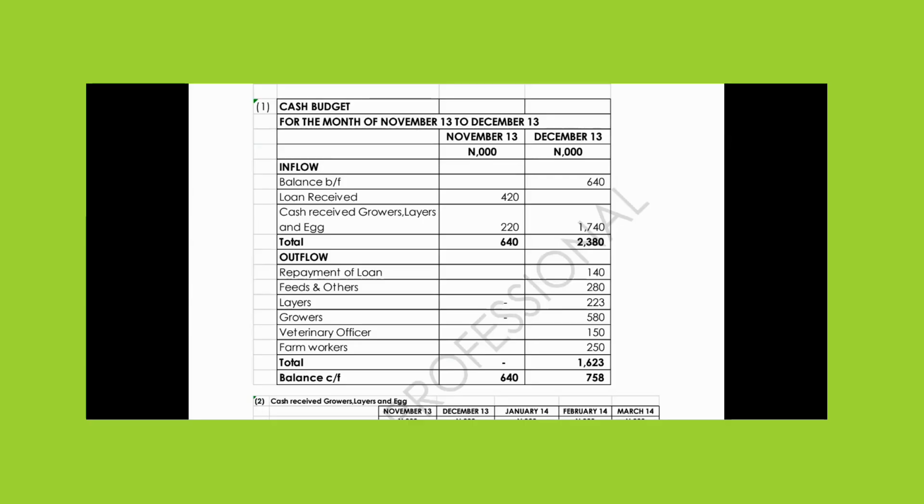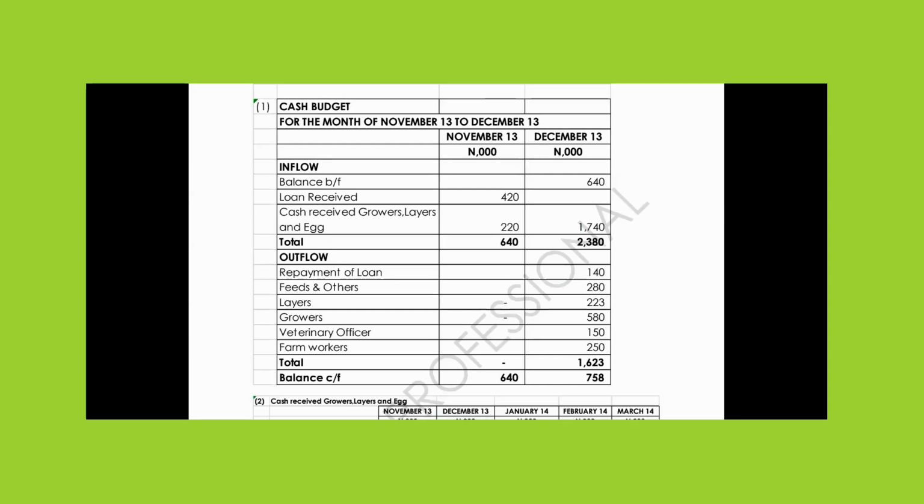The total outflow for December is 1623. So the balance carried forward in December is 758. Where are we taking this 758 to? January, as the balance brought forward.